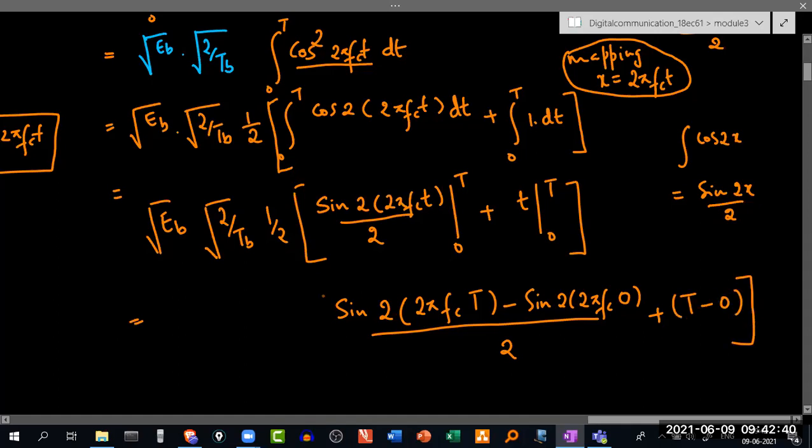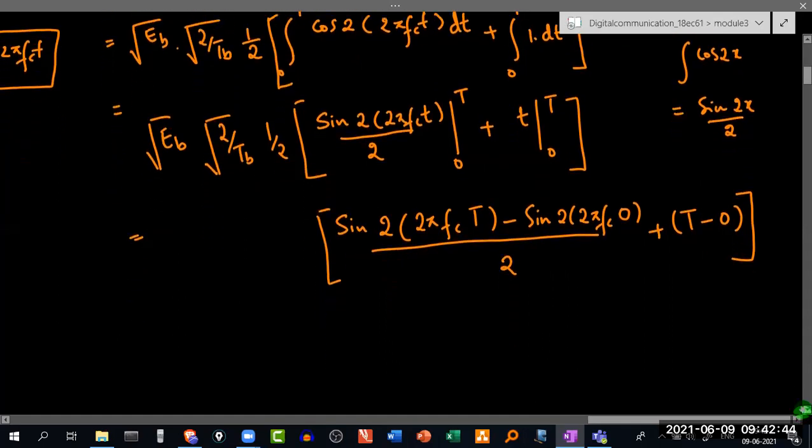All I have done is subtract the lower limit from the upper limit after substituting the respective values.